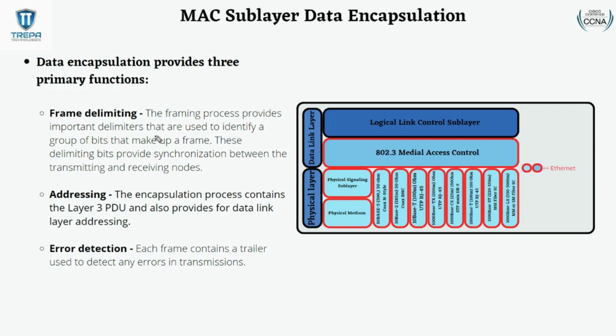The encapsulation process is going to contain that layer 3 information, or PDU, which stands for protocol data unit, and it's also going to provide the data link layer addressing, that addressing being that MAC address. We're going to get into what that MAC address is later on in these slides. And then we also have error detection. In that Ethernet frame, when we encapsulate it, we're going to have a trailer, and that's going to be our FCS, our frame check sequence, to detect any errors in our transmission of that frame.